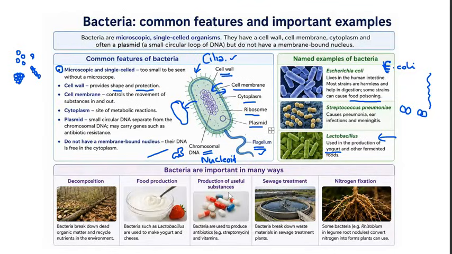Some of the important ways in which bacteria function is that along with the fungi, they are involved in decomposition. As just mentioned, Lactobacillus is involved in food production. It's really worth trying to remember some of these names so you can give them as examples in examination.